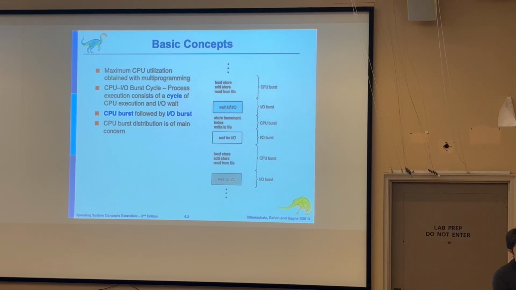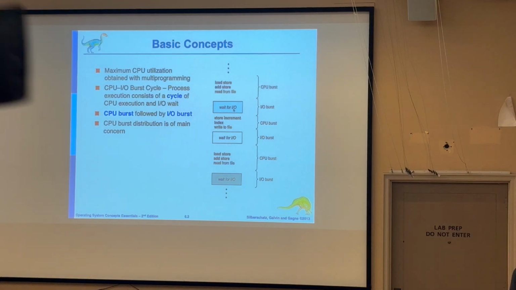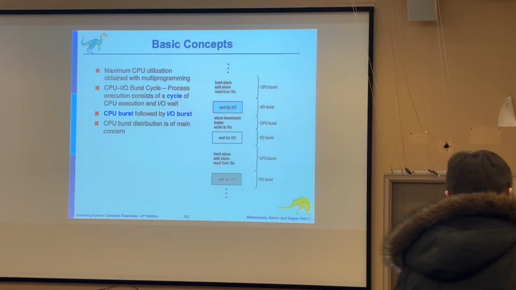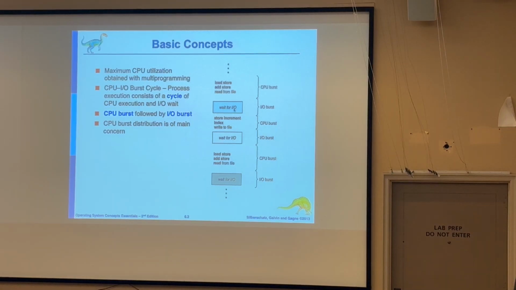During this wait, the process does not really use the CPU to do anything. And if we still let this process hold the CPU, then the CPU cycles will be wasted. Right? And so that's the whole motivation of scheduling.